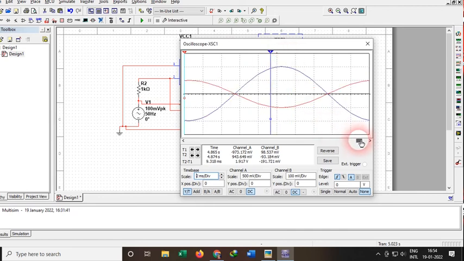For that, I'm first going to check the maximum value of my output. It looks fine here now. I will check this one to this one. It is not necessary to move the first cursor also, because we didn't want the division, the difference between the voltage of this cursor and the voltage of that cursor.